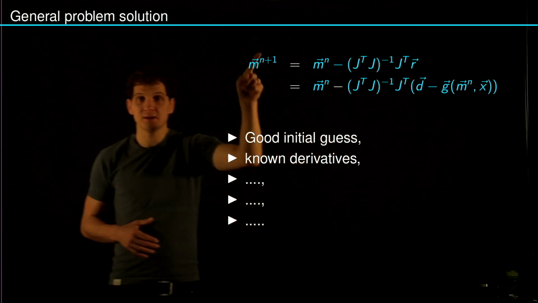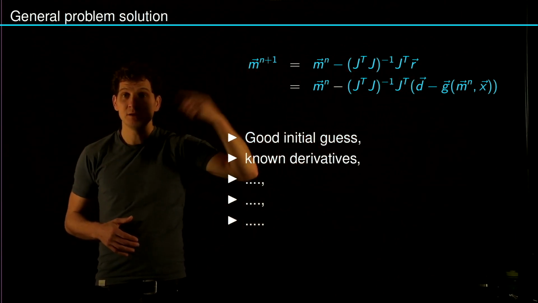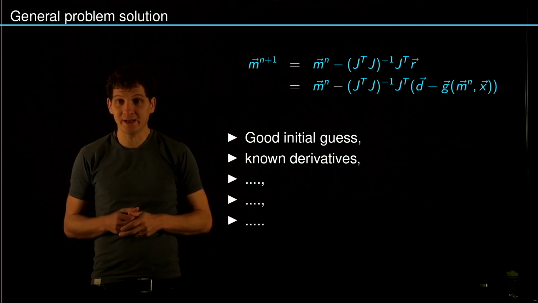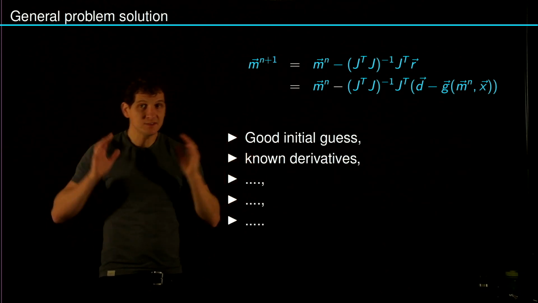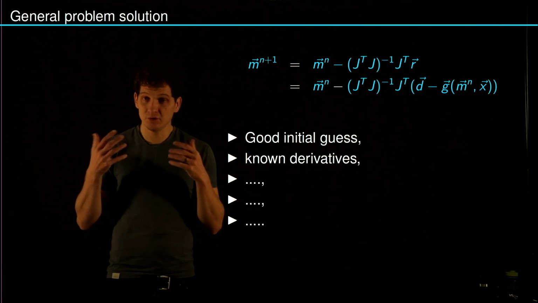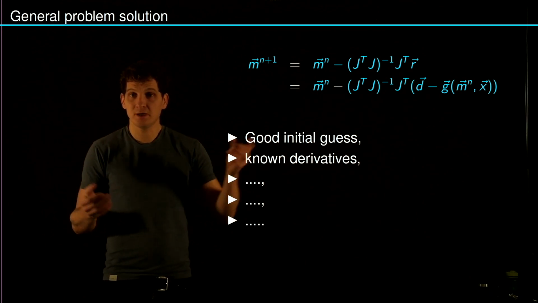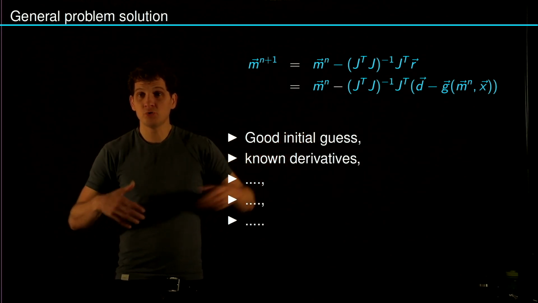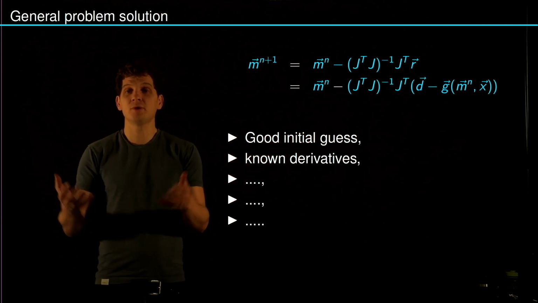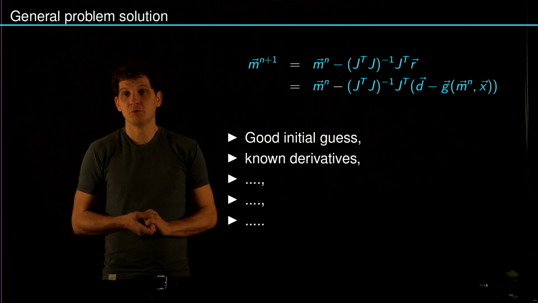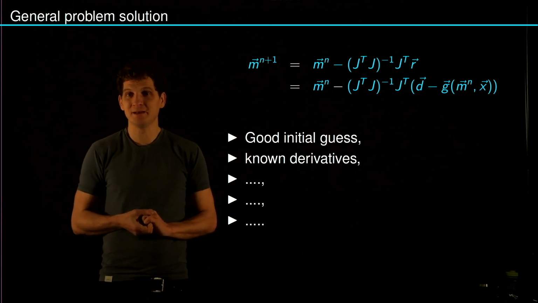Okay, and then you get a better initial guess and you start the whole thing again. Okay, if this is the first time you see all of this, you may take some time to digest this. But I can let you know, you can code this kind of algorithm with comparatively rudimentary programming skills.